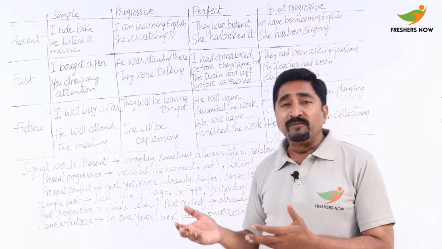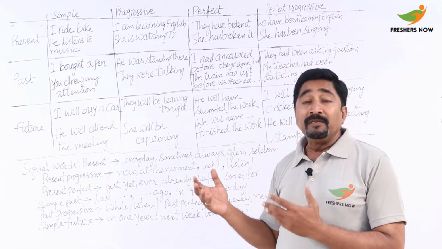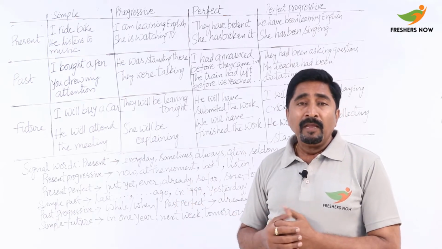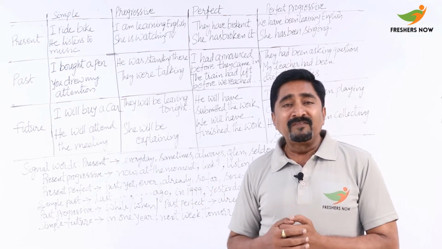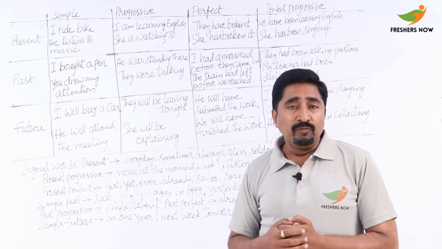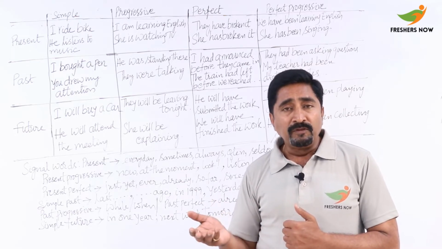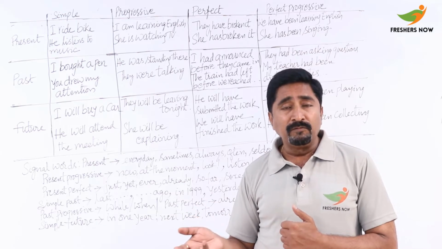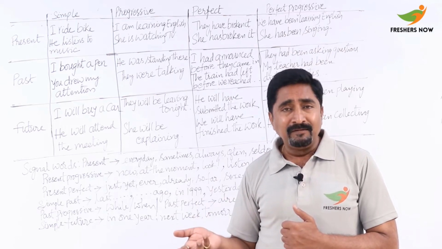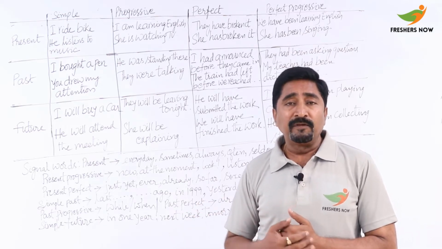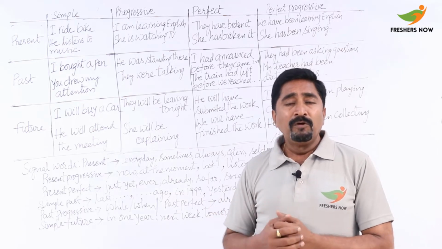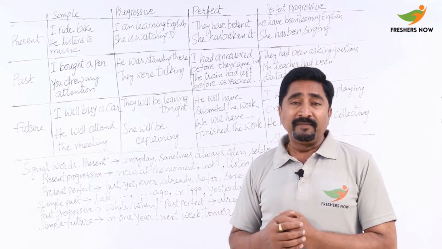So likewise we can easily identify it. And we know how the present tense is used. It is to refer to universal facts, universal truths, general truths, routine actions or habitual actions. So this is a way where we can use simple present tense.